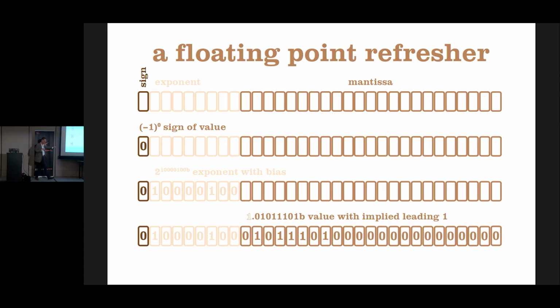Now, there are some quirks. There are certain bands of the exponent that, if certain fields in the exponent are filled, mean you either have a NaN, one of those not-a-numbers, or you have a positive or negative infinity. So that's indicated in the exponent, which means if you hit one of those, you're missing a whole swath of numbers in the mantissa that are kind of wasted space in a way.